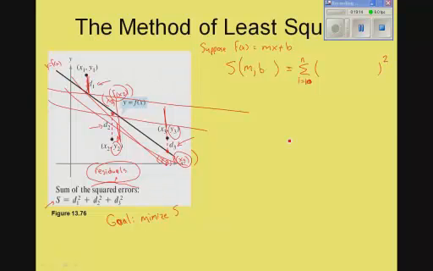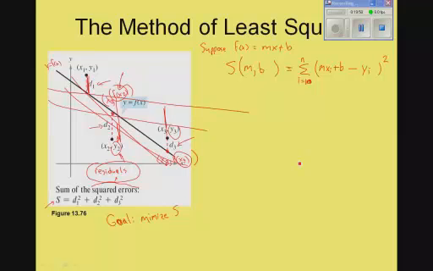Now, what is it that's squared? Like I said, you're subtracting the function value on the line from the data point value. So what I'm subtracting would be mxi plus b, that's the function value, where i is one of the data points. And what am I going to subtract from it? yi. Okay?